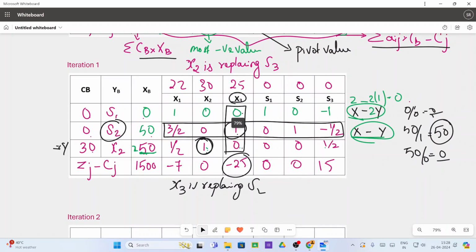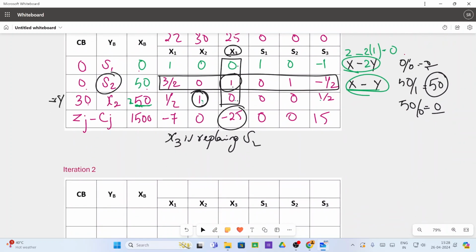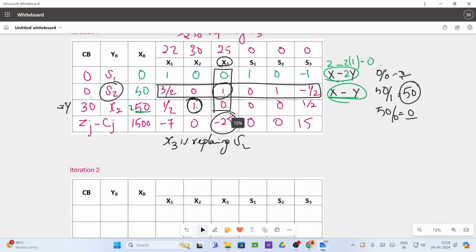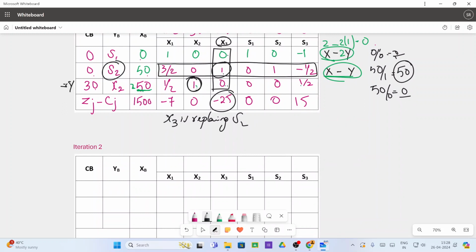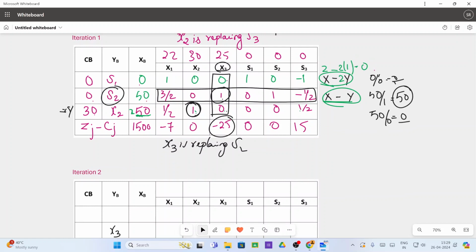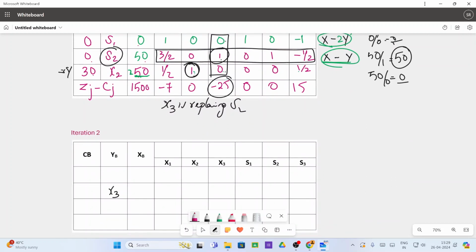So in the next iteration, s2 will be replaced with x3, and that corresponding x3 value is 25. You can see it here, the corresponding value is 25, so we'll be having 25 here.